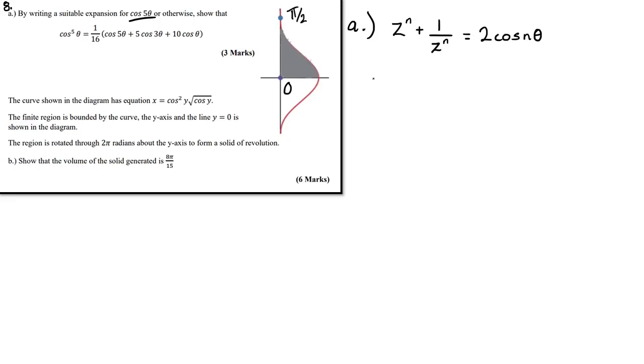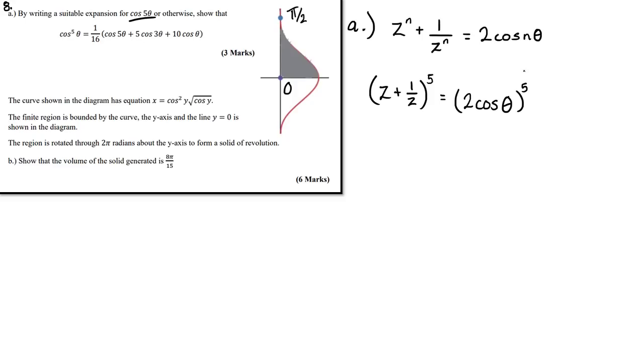So I take z plus 1 over z to the power of 5, because we're looking for cos to the power of 5. That would be the same as taking this result to the power of 5, where n equals 1. This is z to the 1 plus 1 over z to the 1, so this is 2 cos theta, since n is 1, to the power of 5.